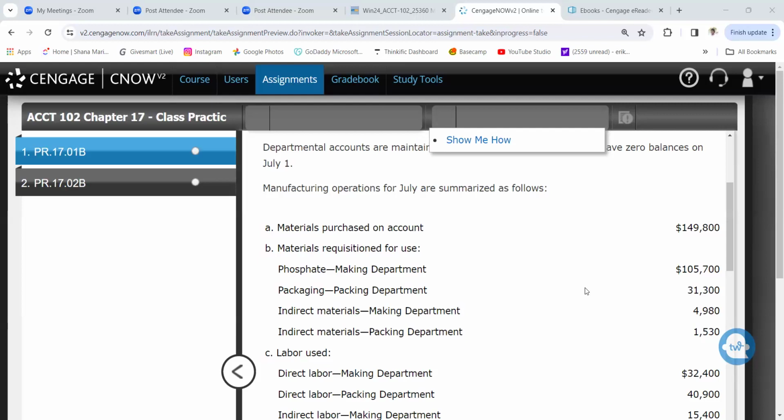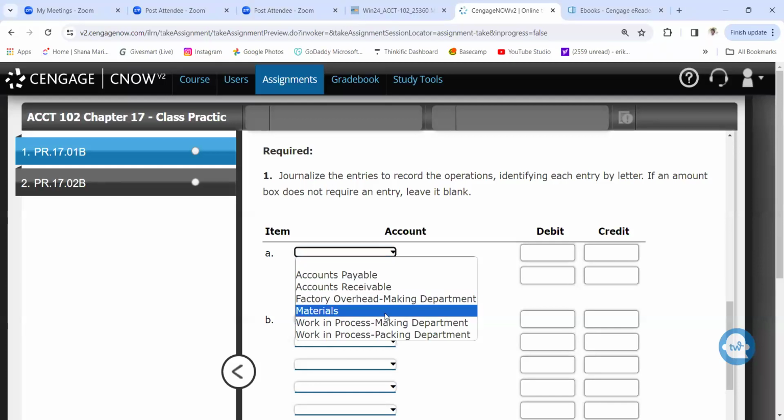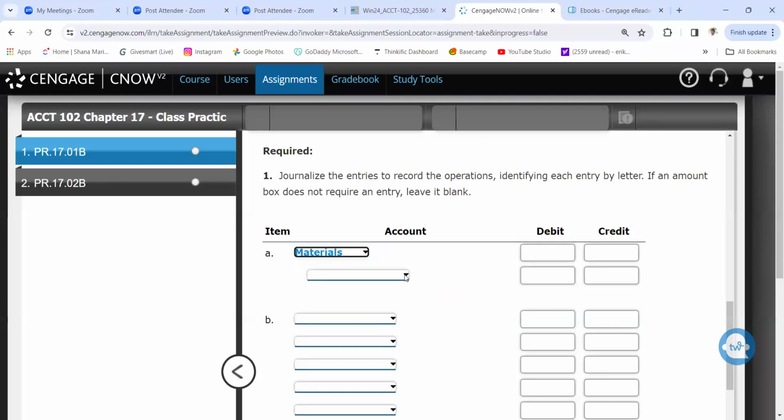Assets increase on the debit side, but then we owe money. When we owe money, it's accounts payable, and accounts payable increases on the credit side because it's a liability. So for the first one, it is materials and accounts payable, and our debit is 149,800 and then 149,800. So that's our first one.